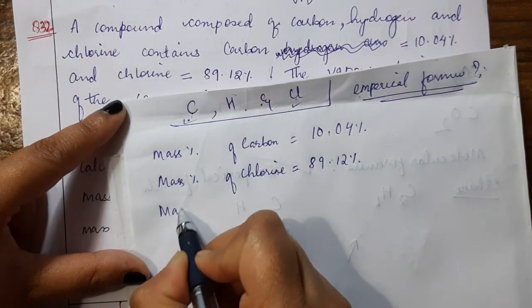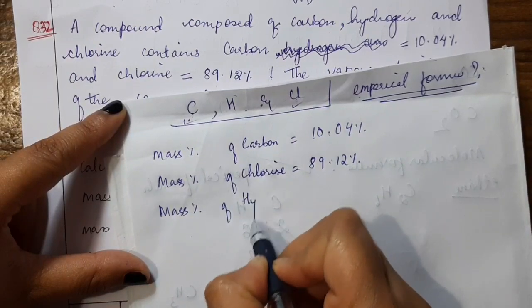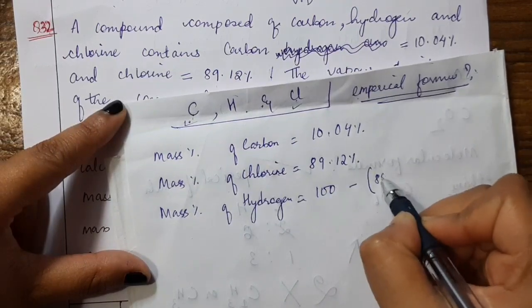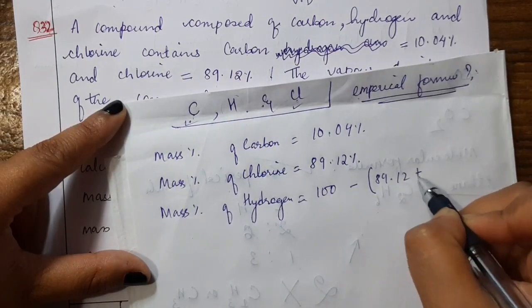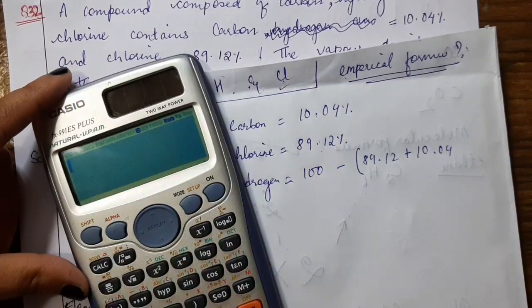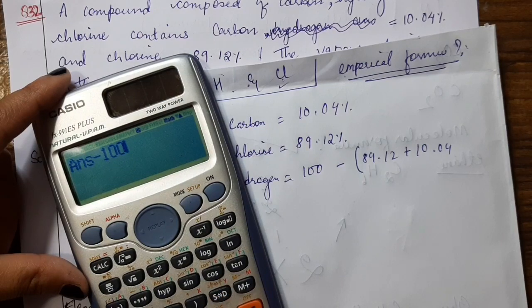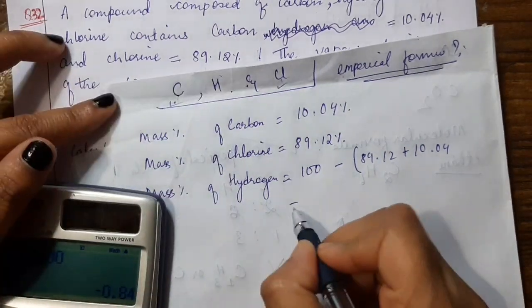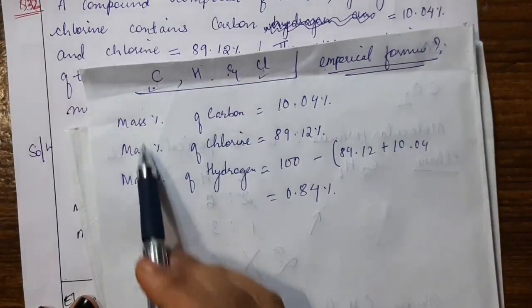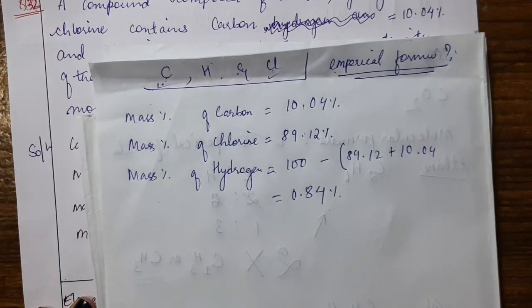So the mass percent of hydrogen is 100 minus (89.12 plus 10.04). 89.12 plus 10.04 equals 99.16, and 100 minus that would be equal to 0.84%. So we got the mass percent of all the elements, carbon, hydrogen, and chlorine.